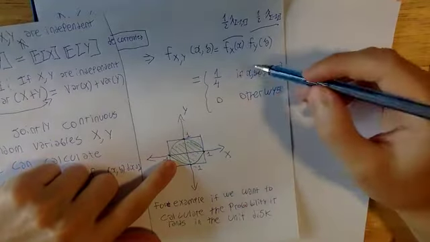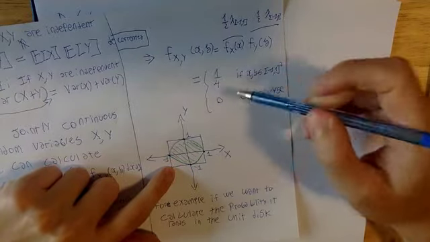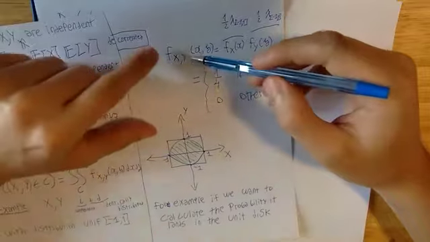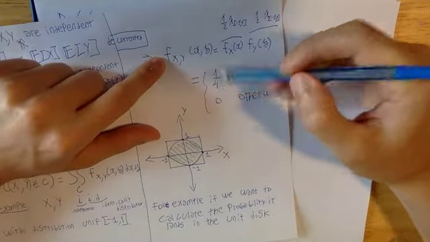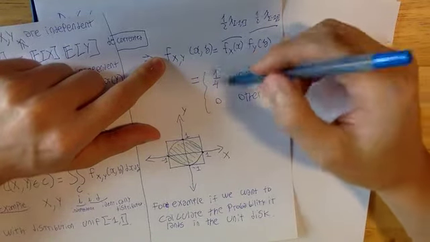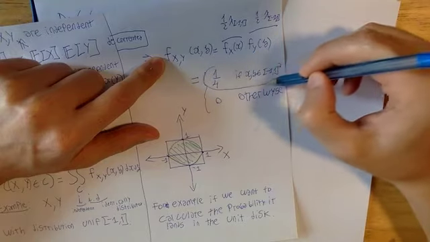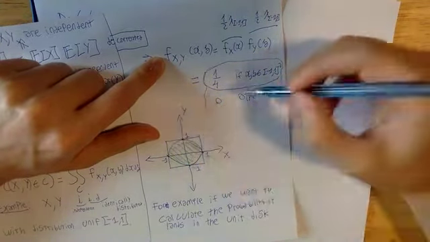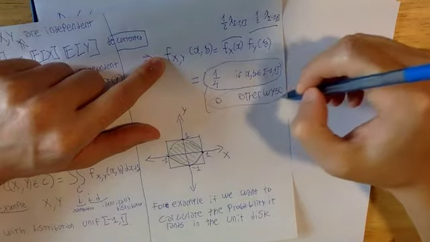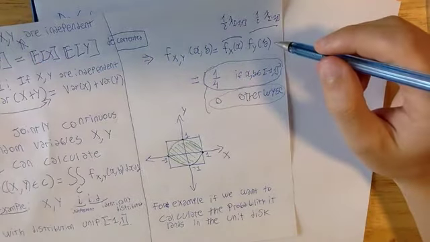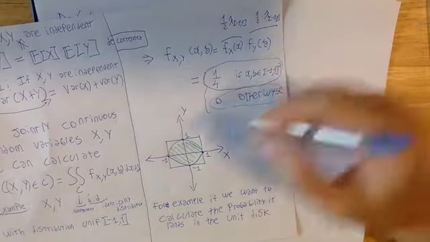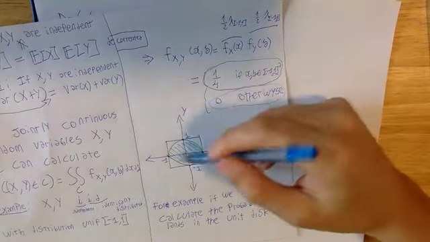So in particular, the unit disk is contained in the unit square. In the definition of the joint density function, we only care about this value. If we had a set that goes away from the unit square, the probability that you're there is going to be 0. So the only thing that we care about is the intersection between this set and the unit square.